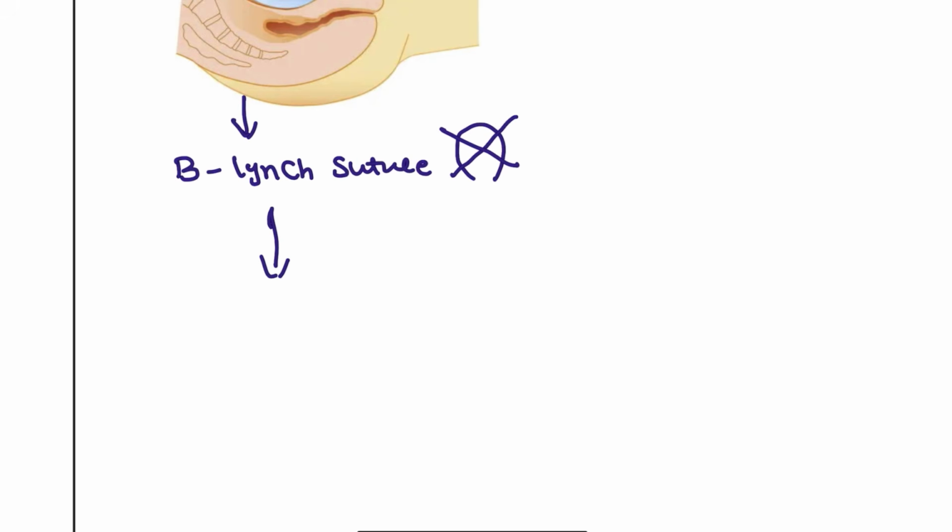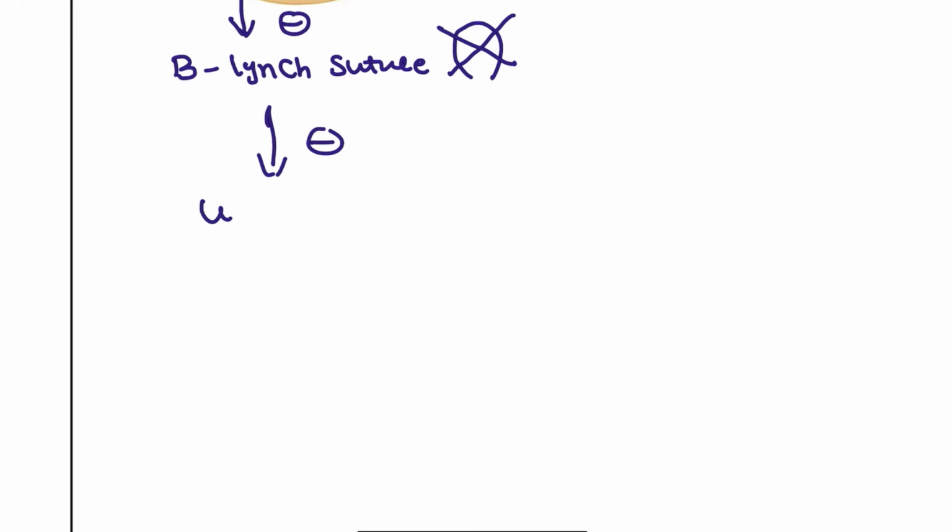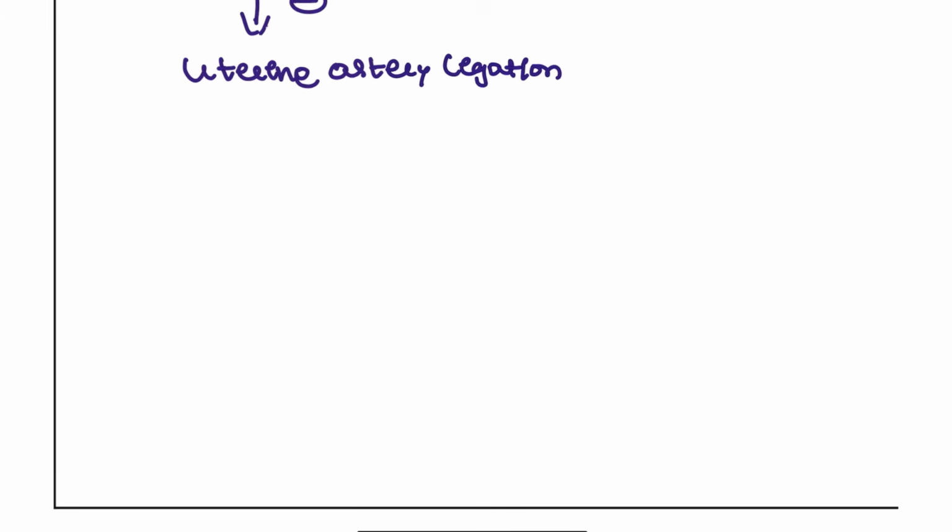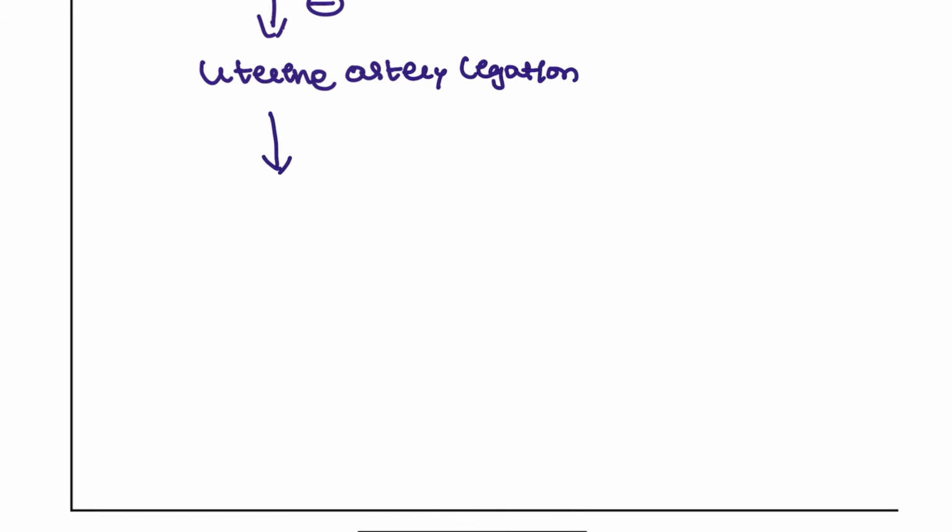Still, unfortunately, the patient is having the bleeding. So this time we have to go for uterine artery ligation. Arterial embolization should be done. Still, if it is not controlling, then we can go for internal iliac artery ligation. Before that, the ovarian arteries can also be ligated, but the internal iliac artery has to be ligated.